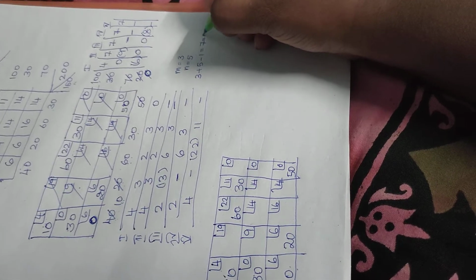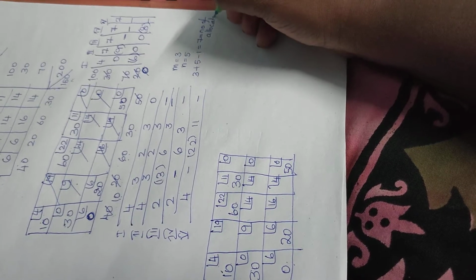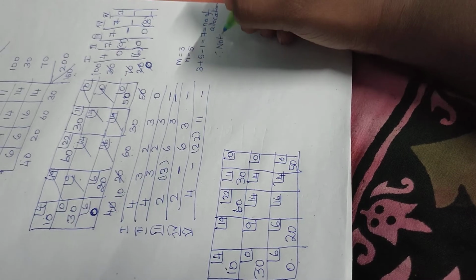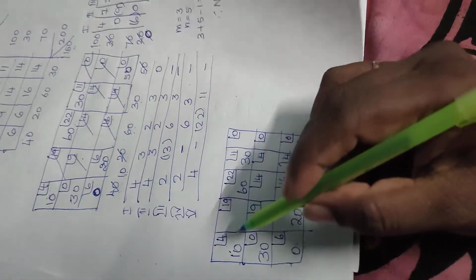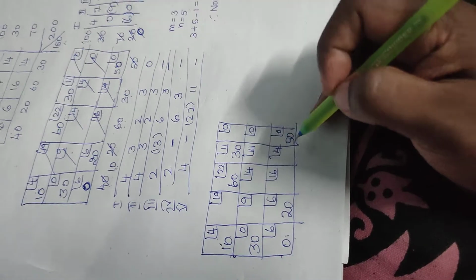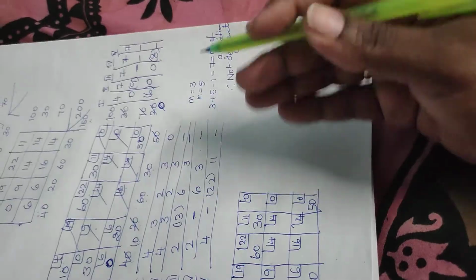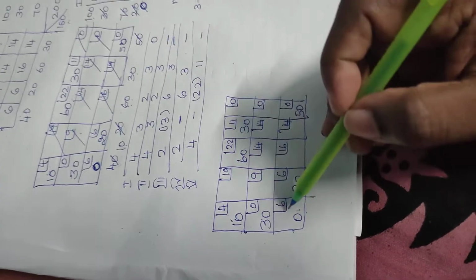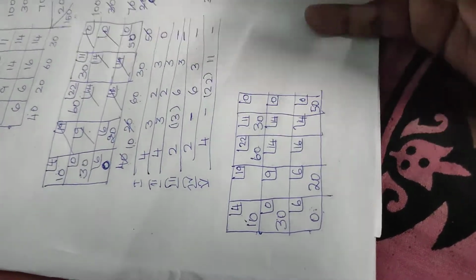So this is also equal to the number of allocations. Therefore, not degenerate. Now if you had not put this 0, the number of allocations would have been only 1, 2, 3, 4, 5 and 6, and your problem would have been degenerate. Then you have to put epsilon and all that, a big step. So instead of that, we are avoiding that. What we do is allocate a 0 and finish off the matter. So this is easier for us to work with. Okay.